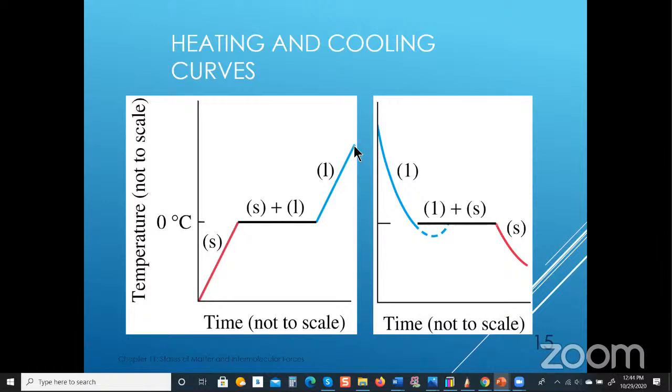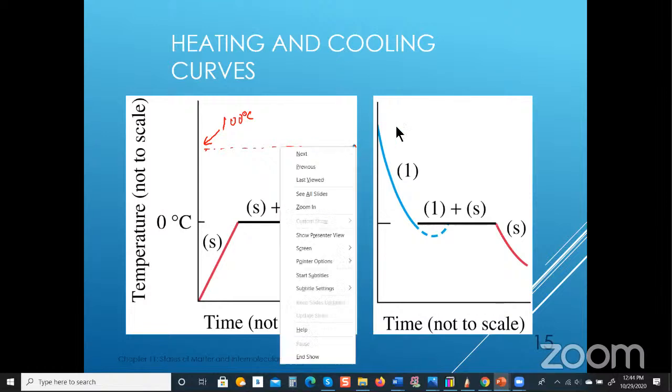Now, unfortunately, that's not shown here, but I think I can show you what's going to happen after that. Let's say that here, I'm just going to do a dotted line right here. Let's say that here is the boiling point, which for water is 100 degrees Celsius, all right? What happens at the boiling point is that you're going to have a conversion of the liquid to the gaseous state.